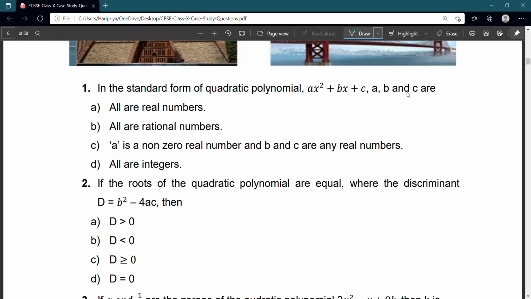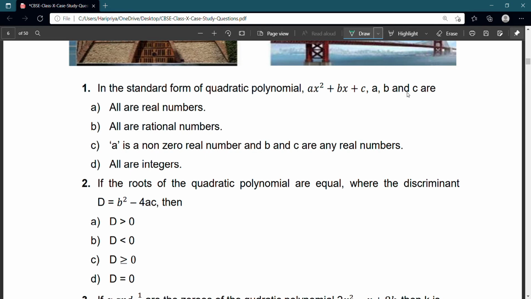So we're going to select the option from this. Here all are real numbers. If everything is a real number, then it should be either rational as well as irrational, everything. And if all are rational numbers, then the rational numbers can have the negative sign also, but here the coefficients are positive.